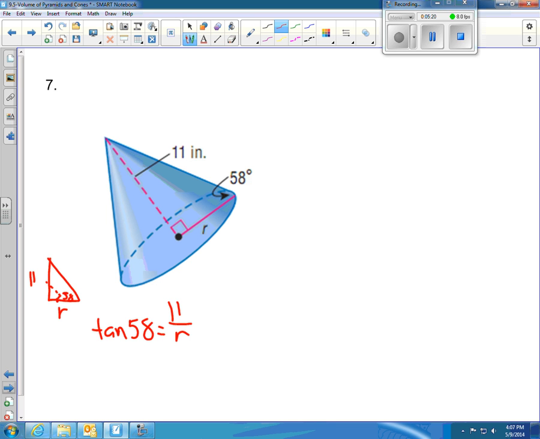Remember, when my variable is in the bottom, I need to switch spots. So tangent of 58 is going to go on the bottom. My radius rounded to the nearest tenth is 6.9. I'm keeping that in mind for my volume.